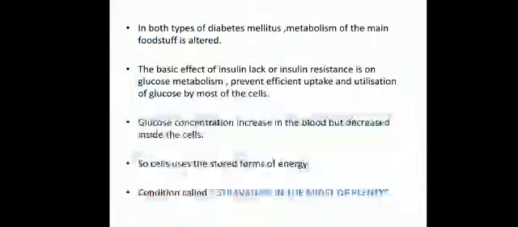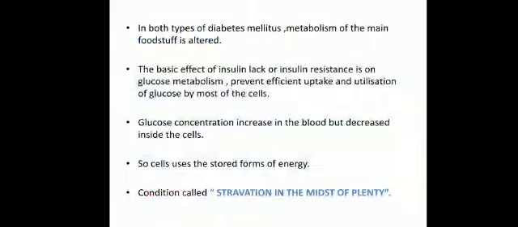Whatever the condition, the effect is on glucose metabolism. This prevents efficient uptake and utilization of glucose by most cells in the body. So glucose concentration slowly builds up in the blood, but it is decreased inside the cell.